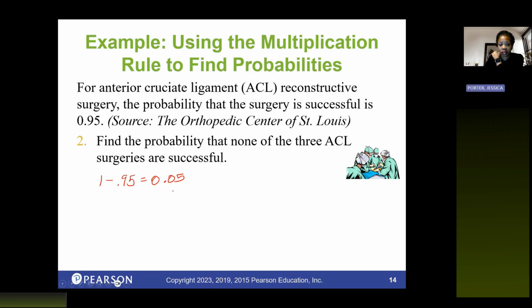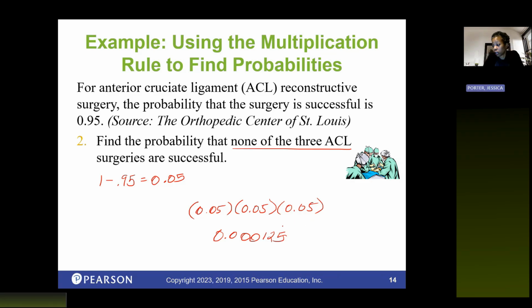So now we're talking about 3 surgeries that are not successful. So we're going to multiply this 0.05 3 times. Wow, so it's a very small likelihood that all 3 of them are going to be unsuccessful.